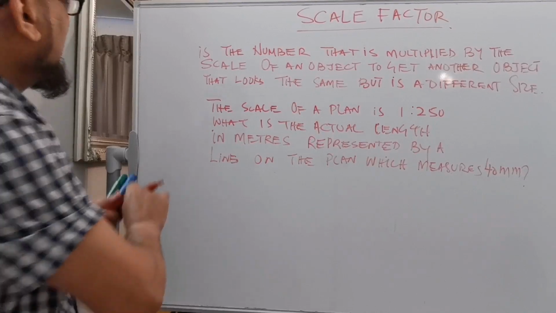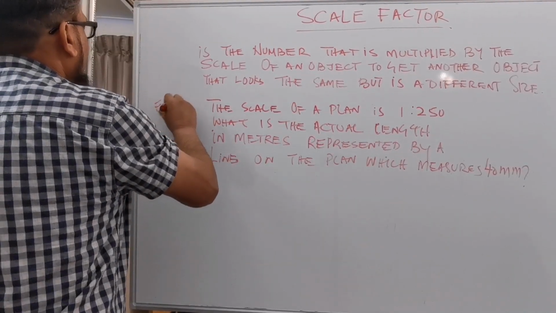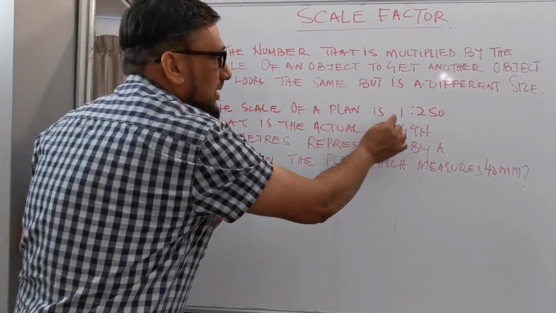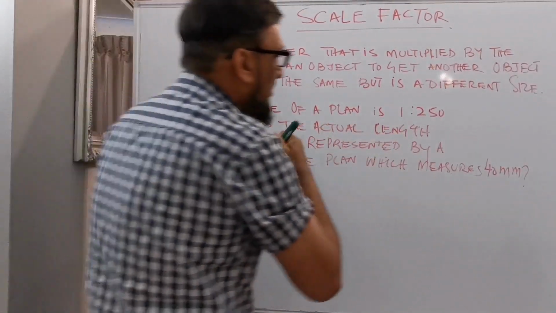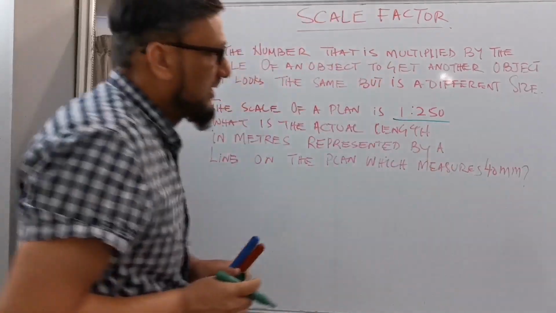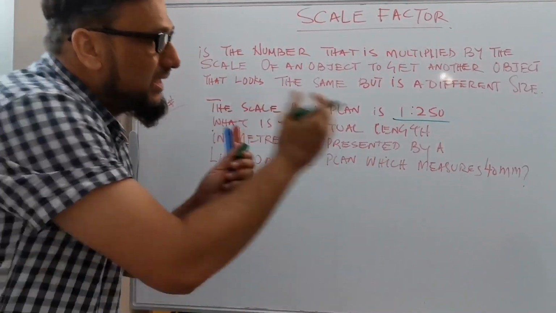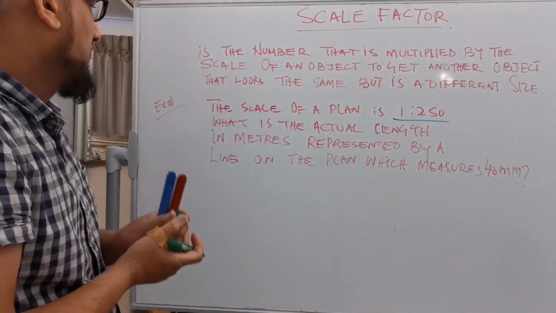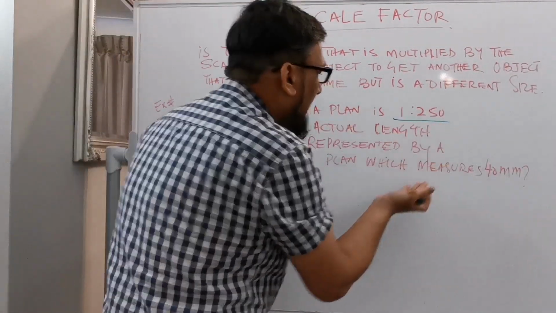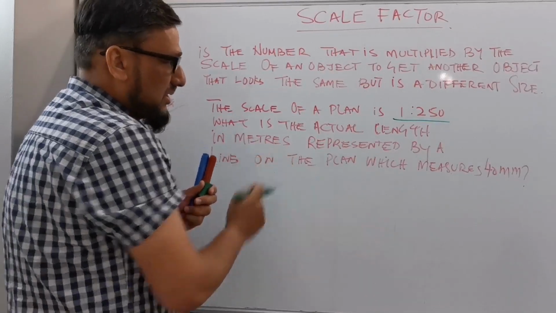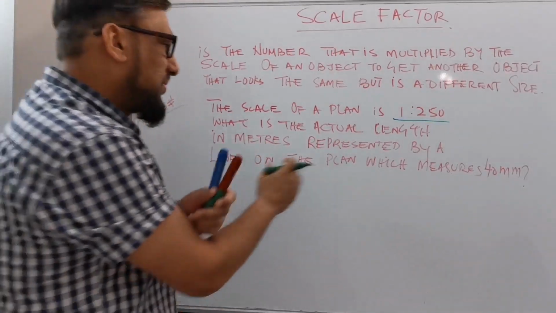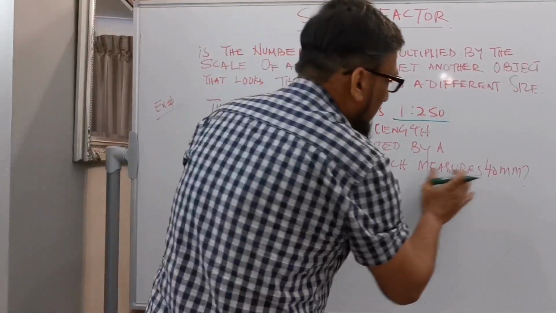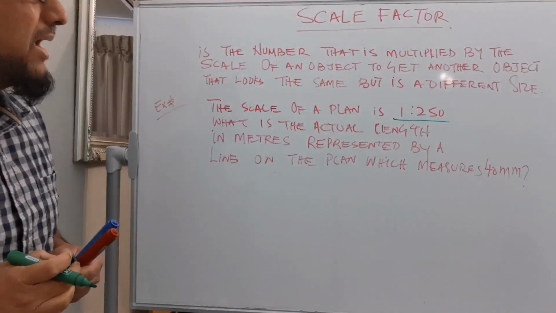So the question says the scale of a plan is 1:250. Any number they give, you increase by 250. What is the actual length in meters represented by a line on the plan which measures 40 mm?